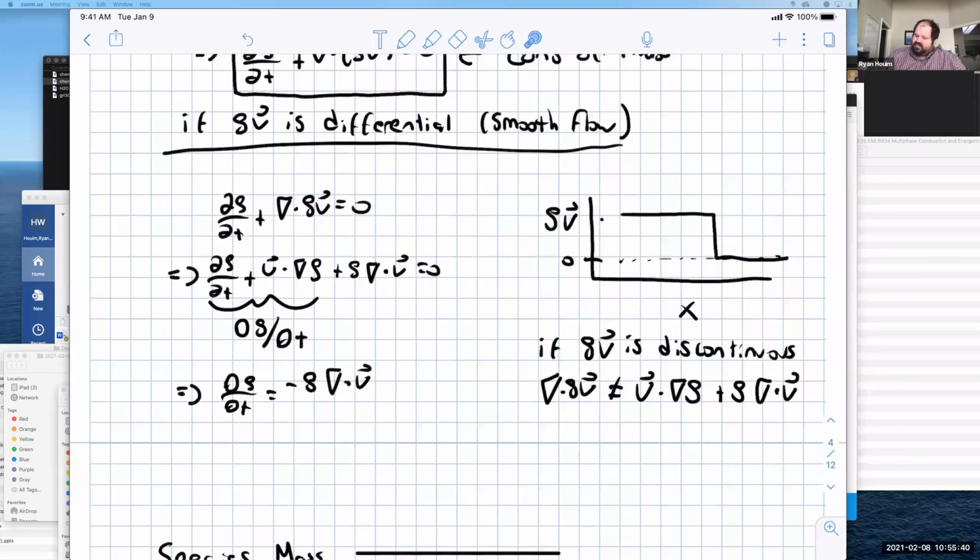Well, for those of us who work with blasts and shock waves and things like that, we live in that caveat. So if you start seeing substantial derivatives, that's usually a sign that the equations are written for a low speed flow that does not have shock waves. And basically what I mean by smooth flow is that all of these quantities here are smooth and differentiable.